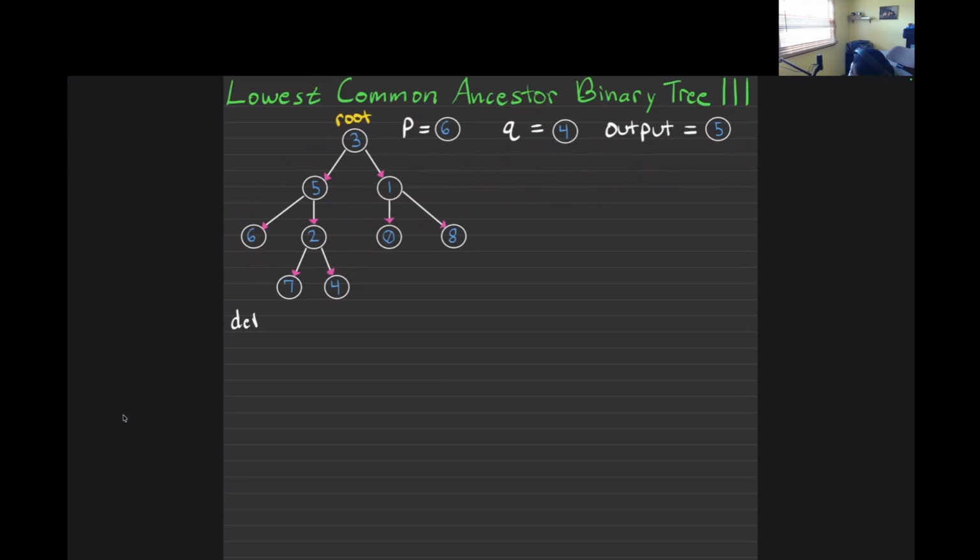So define lowest common ancestor. It's going to take in nodes P and Q. Like I mentioned, we'll have a visited set, and let's create some variables here.